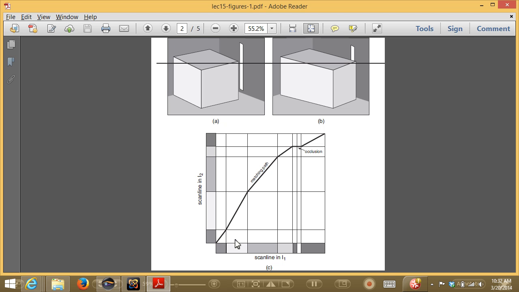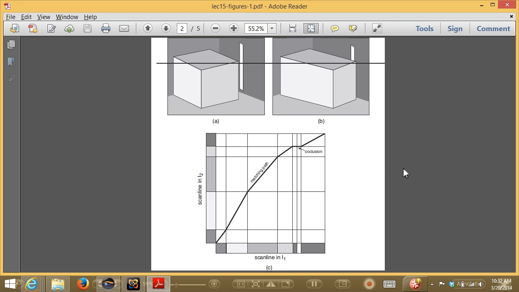What I've drawn here would be the best correspondence: I match all the points along the wall, then all the points along the side face of the box, and then along the top and the side. And here there's a little horizontal line that says nothing in image 2 matches in image 1 in this region because of occlusion. So occlusions in one image or the other cause vertical or horizontal paths in this matching path. And then here, the correspondence is picked up again.